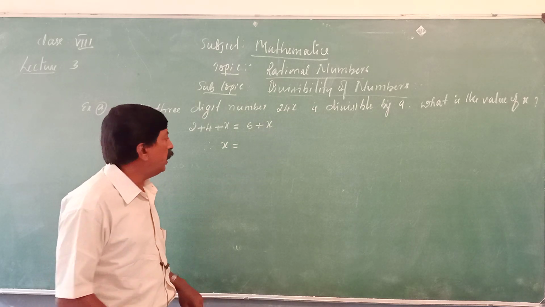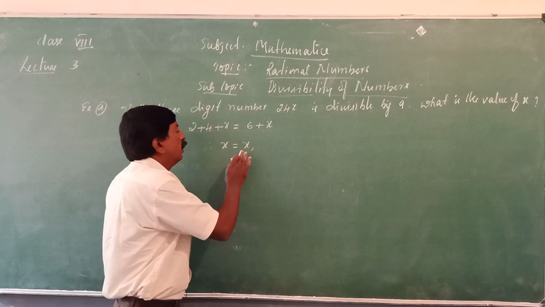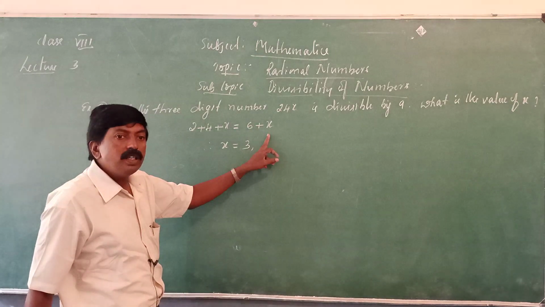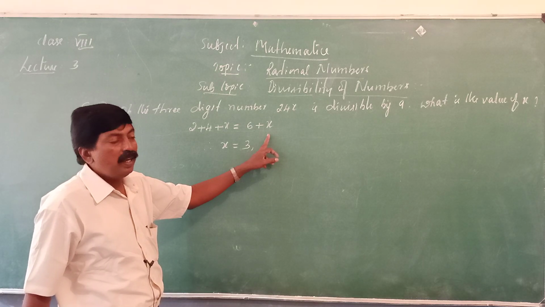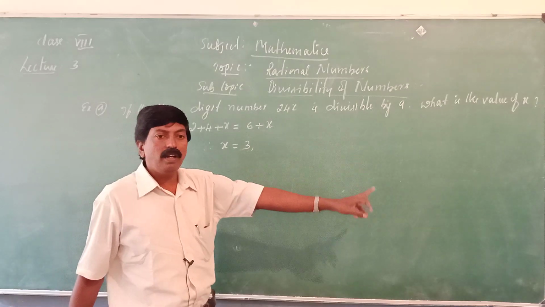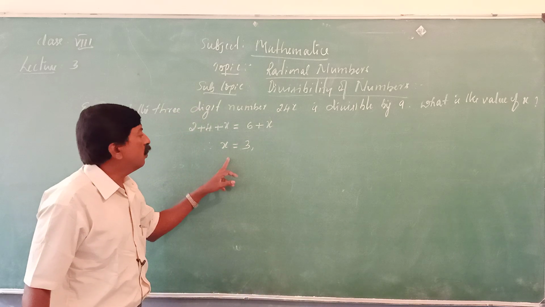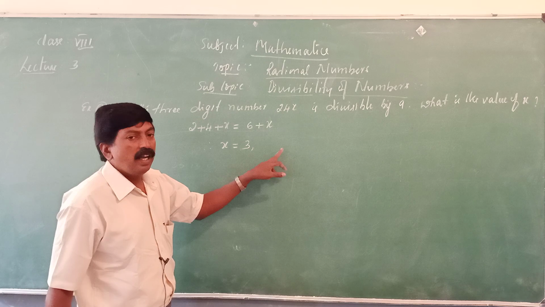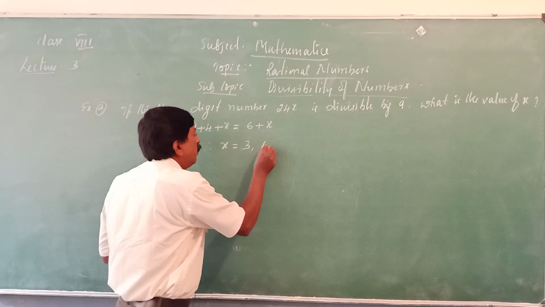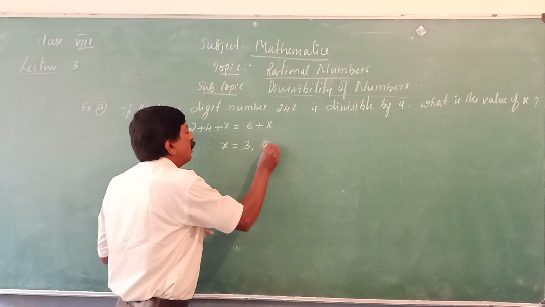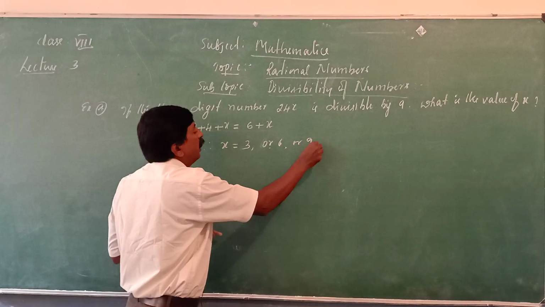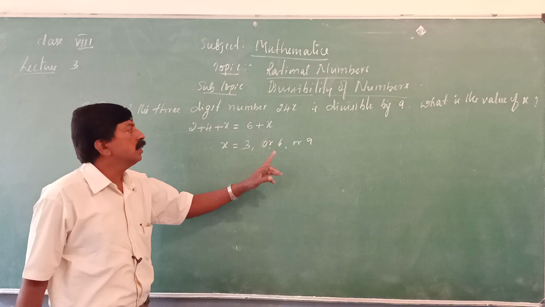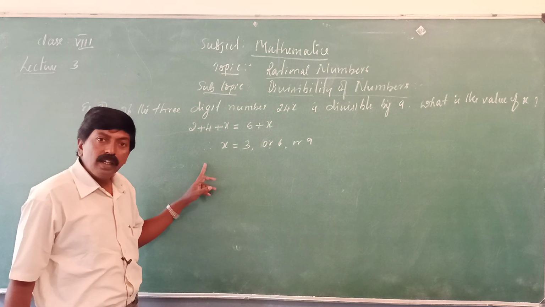Take x equal to 3. 6 plus 3 is 9, and 9 is divisible by 9. So the value of x can be 3, 6 or 9, multiples of 3, and those numbers are divisible by 9.